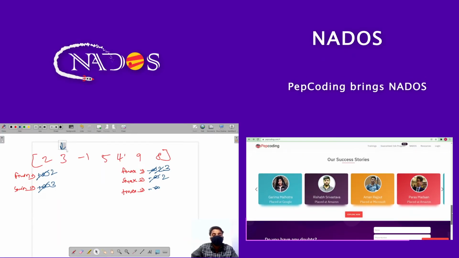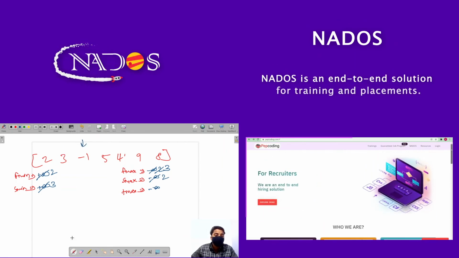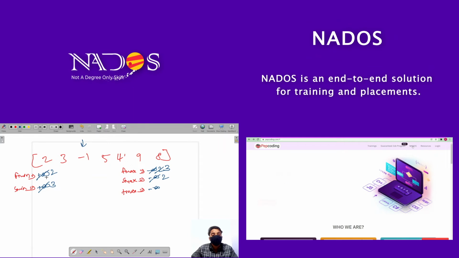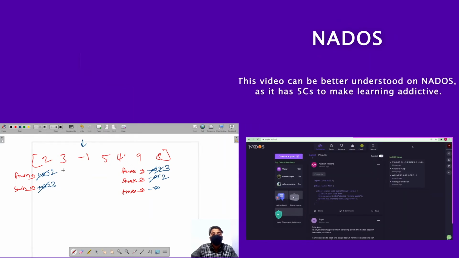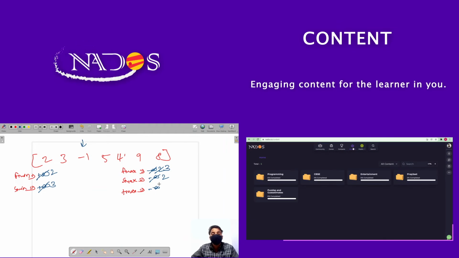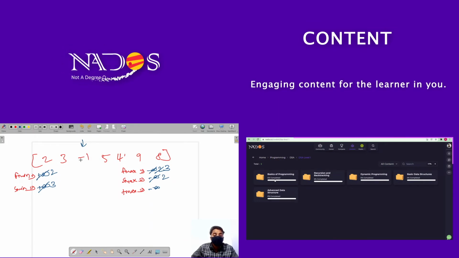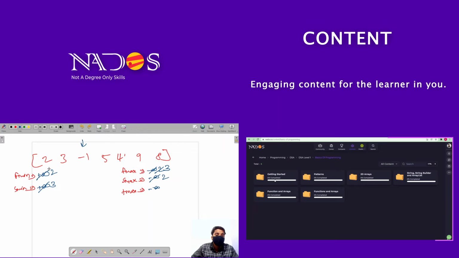We have iterated through two elements of the array, and we have two min values. The first min is 2, second min is 3 till now, and two max values. The first max is 3, the second max is 2. Now we are at -1. Here -1 is smaller than first min. This means the 2 is the second min.